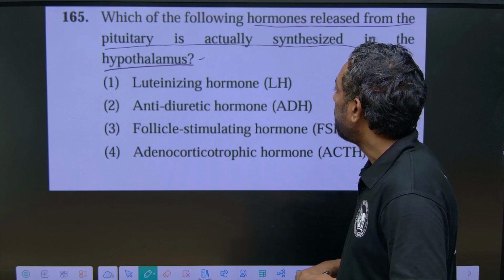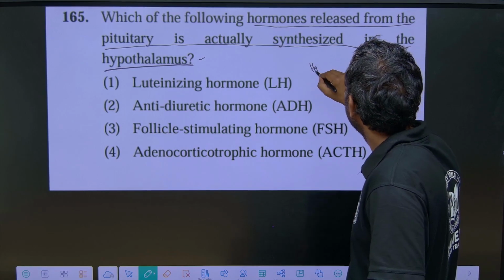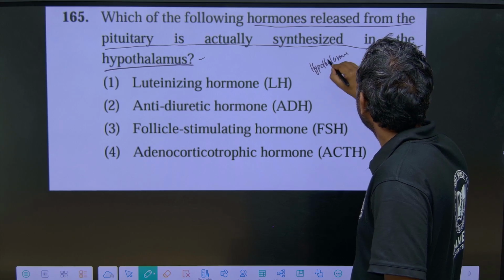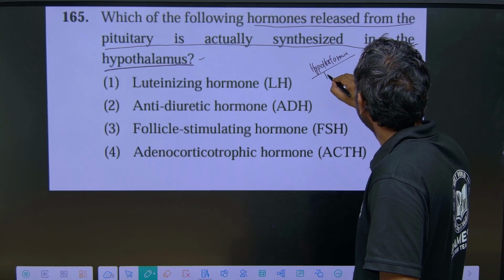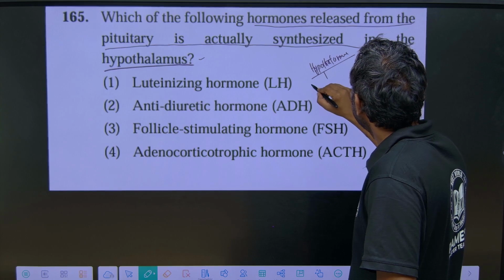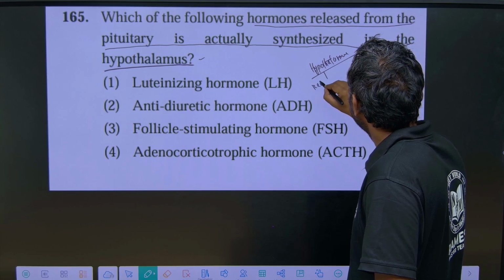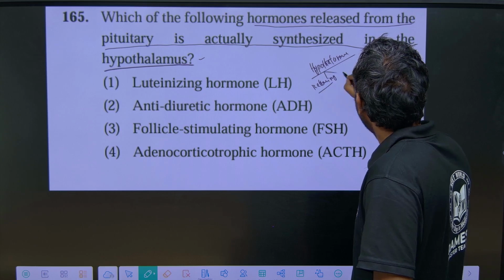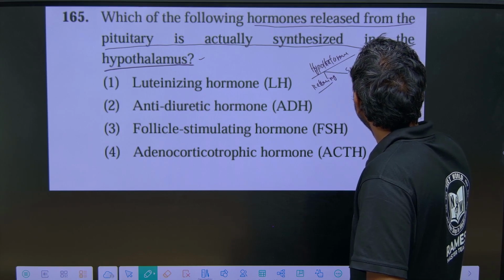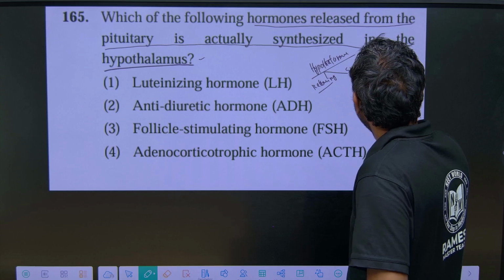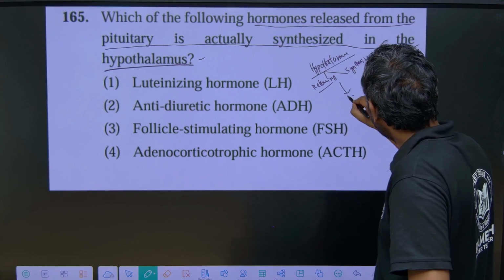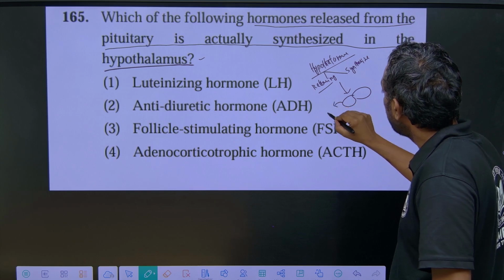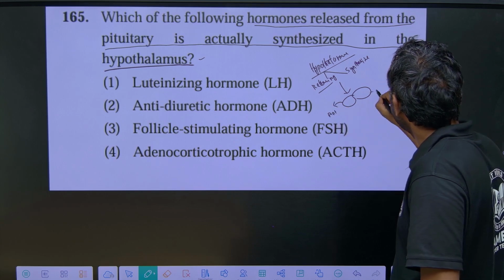So here the hypothalamus produces two kinds of hormones: releasing hormones and synthesized hormones. The pituitary gland has two lobes, anterior pituitary and posterior pituitary.